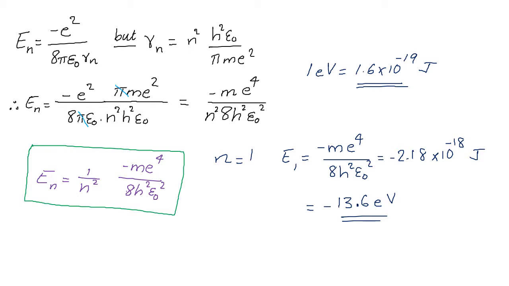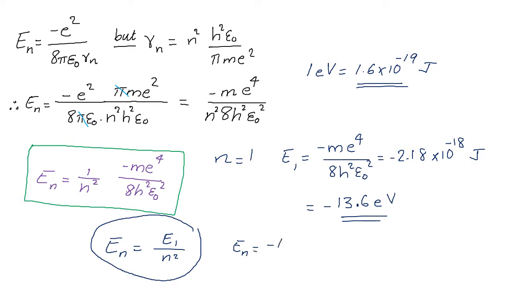And you can write the energy of the nth orbit as En is equal to this constant E1 divided by n square. So it is inversely proportional to n square. Or alternately, you may write En is equal to negative 13.6 eV divided by n square.